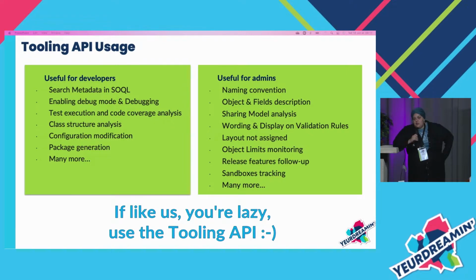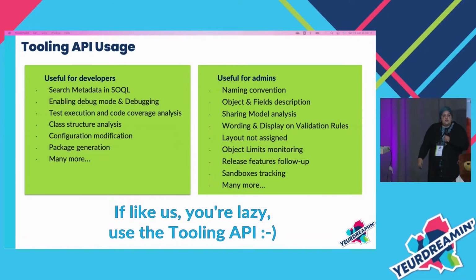Why use it? As we said, there are many different purposes related to your profile. For example, developers will basically use it to be sure everything is running the right way on the org: running tests, debugging, searching for things related to development, this kind of thing.